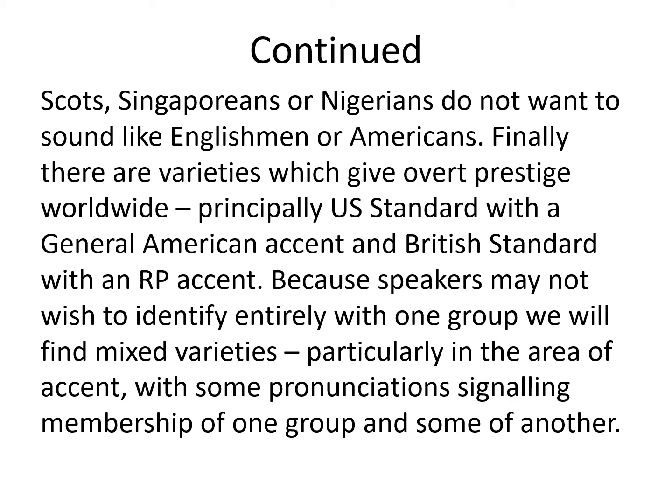So finally, there are varieties which give almost worldwide prestige, principally the US standard with the General American accent and British standard with the RP accent. Because speakers may not wish to identify entirely with one group, we will find mixed varieties, in the area of accent with some pronunciation signaling membership of one group and some of another.